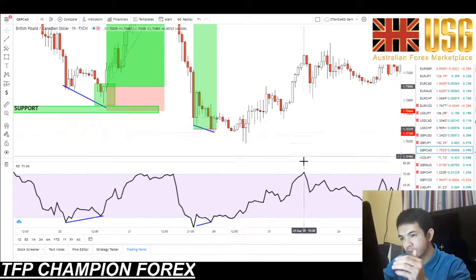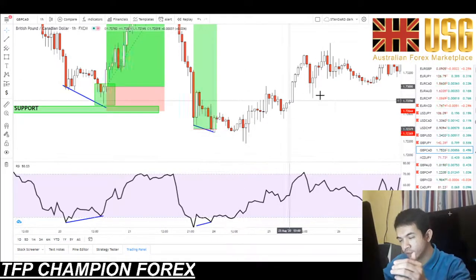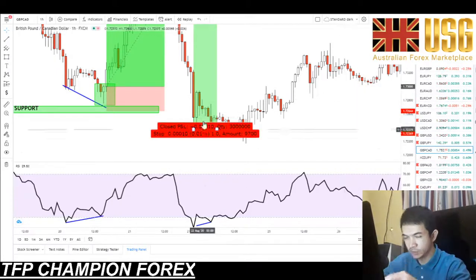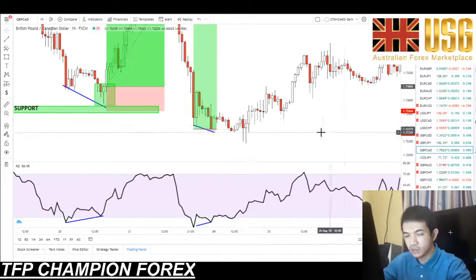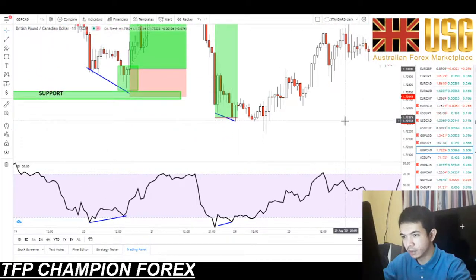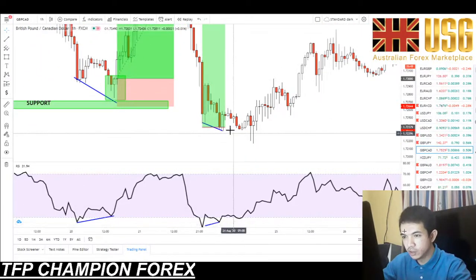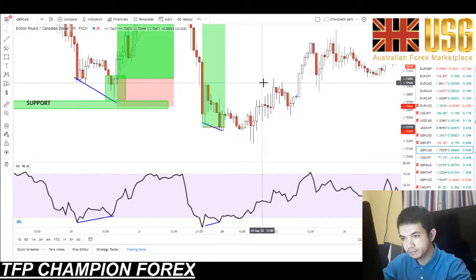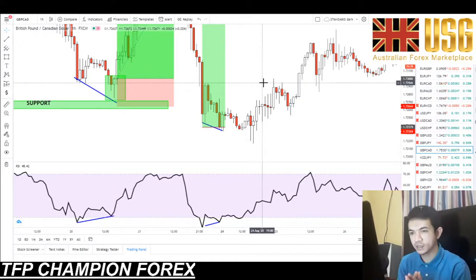Normally it takes 3 moves downward or 3 moves upward depending on the reversal. It's a 3 cycle method for the real divergence reversal of the market. Alright. So normally if you saw this, you place your trade. Again, this is very risky. If you don't have a big capital, I'm not advising you to do this strategy using no stop loss method.